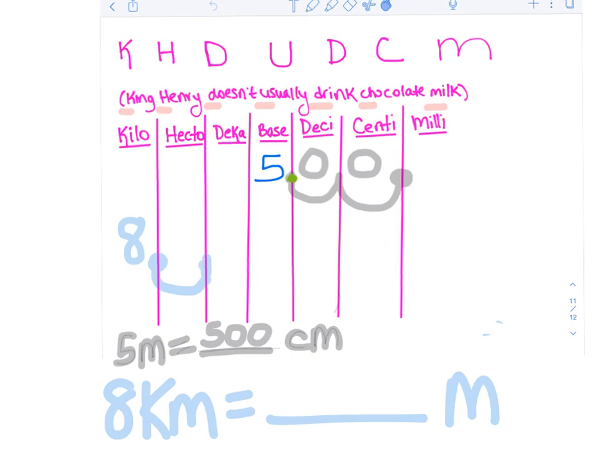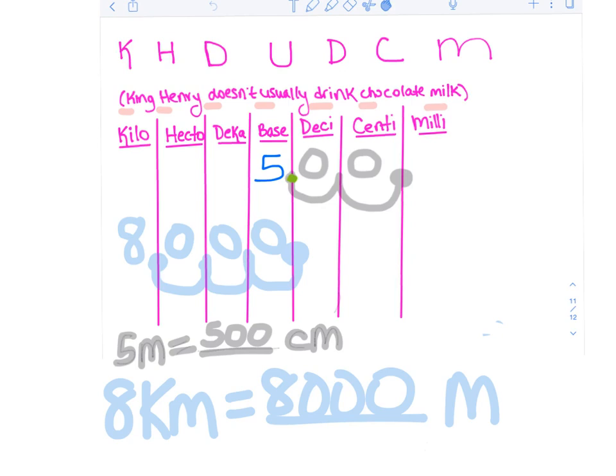Then I go again for deca. And then I go again for the base unit, which is meters, and that's where it's going to stop. I fill in my 3 missing zeros, and my answer is 8,000 meters. So 8 kilometers becomes 8,000 meters.